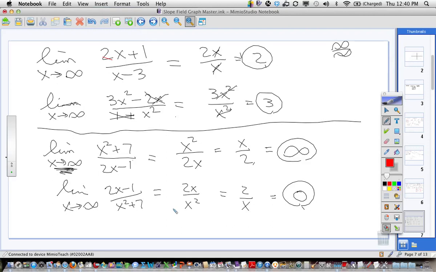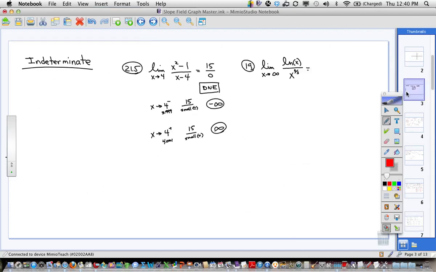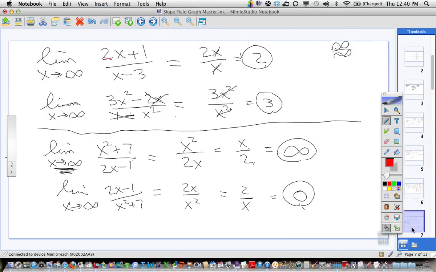And that's one of the things we're going to talk about today: not only is 0 over 0 considered indeterminate, but so is infinity over infinity. So when we get a problem like this one, what we have here is infinity over infinity. If we do a substitution, as x goes to infinity, the top's getting big, the bottom's getting big, we have infinity over infinity.